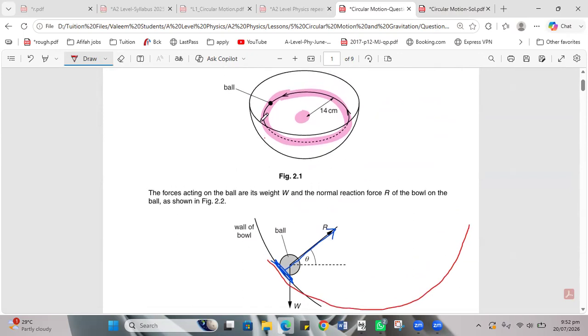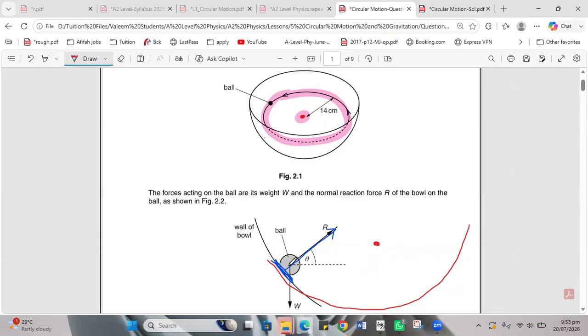Do you see? It's like a horizontal circular path. The center of the circle would be something like this, over here, roughly speaking. So what is exactly pointing towards the center of the circle? This or this arrow? It's R cos theta, because R cos theta is going to be horizontal at every point, right?